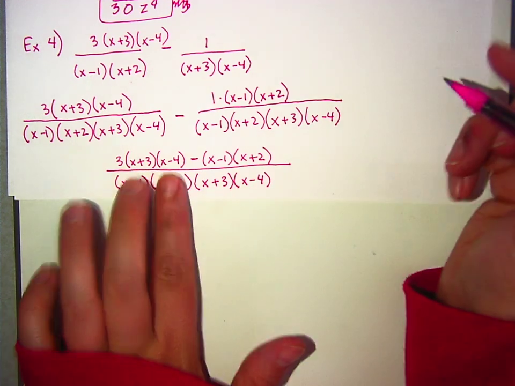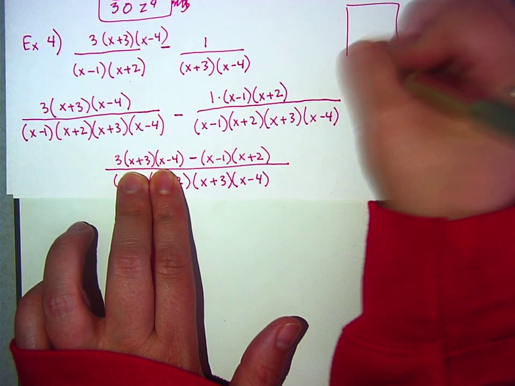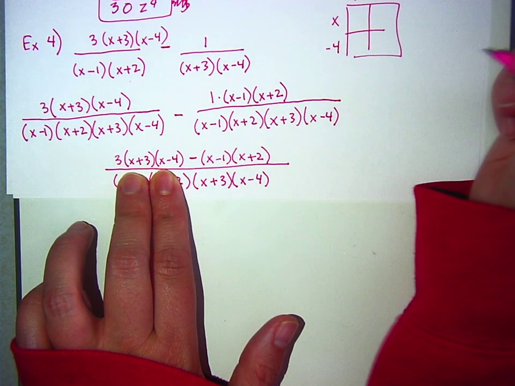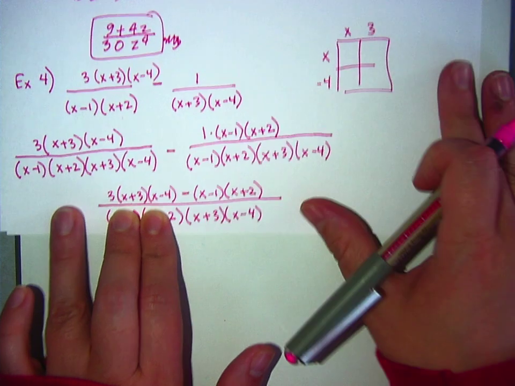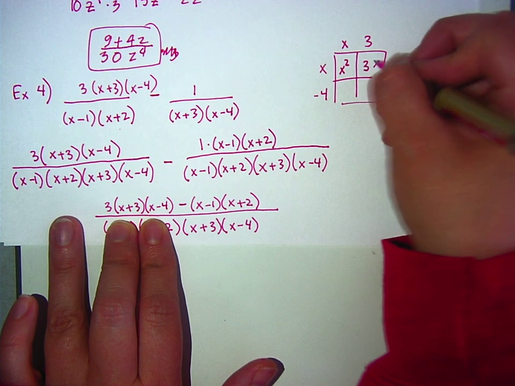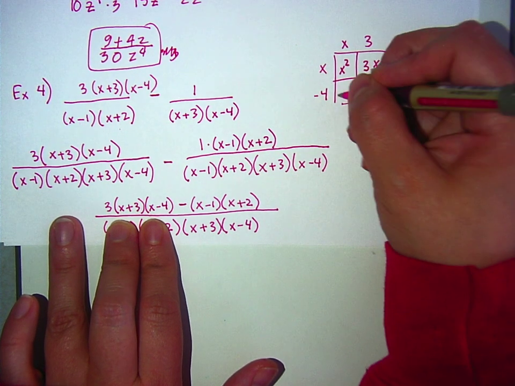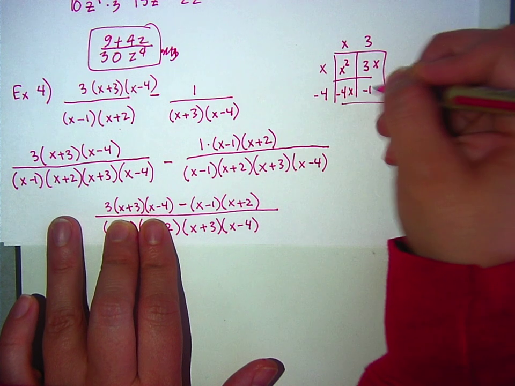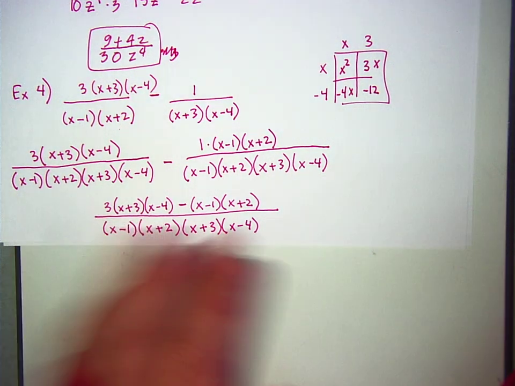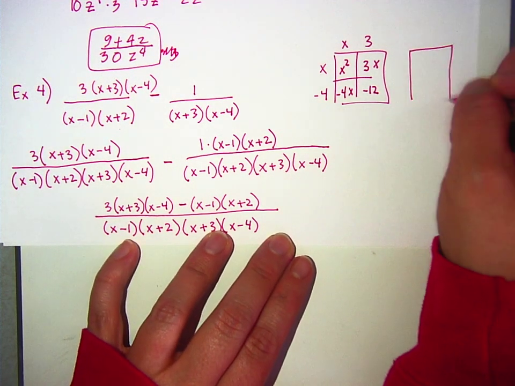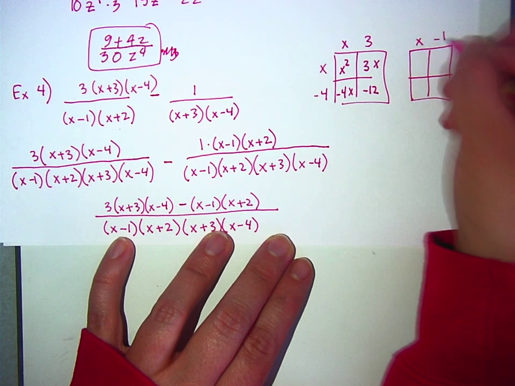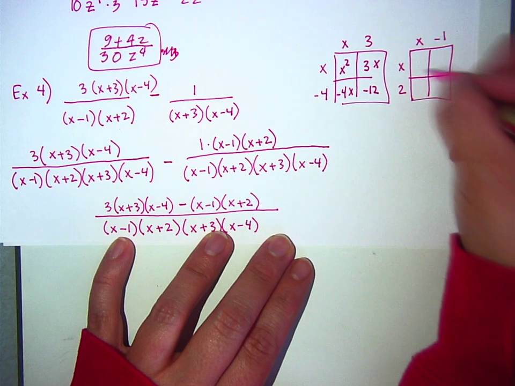Okay. I'm gonna do this one on top. X plus 3 times x minus 4. And then x minus 1 and x plus 2 is the top of the other fraction.